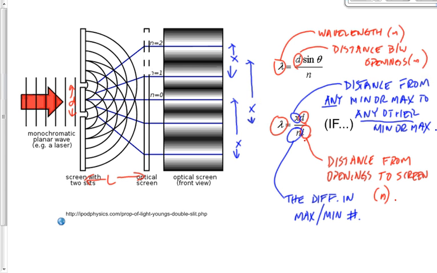So in this case, we'd say x is, well, whatever we measured it to be. It's a distance. Okay, use a ruler, measure the value of x. The corresponding value of n in this case would be 2. This would be our central maximum, first order maximum, second order maximum. 2 minus 0 is 2.